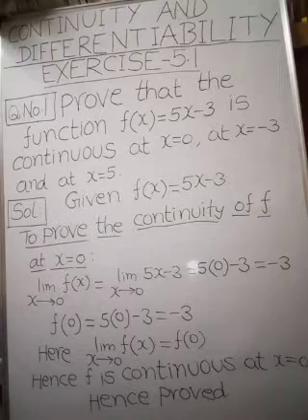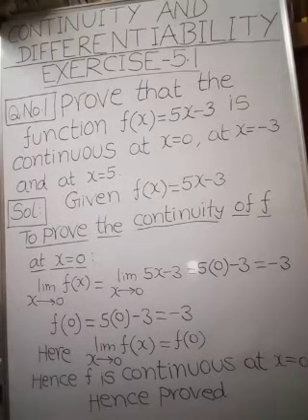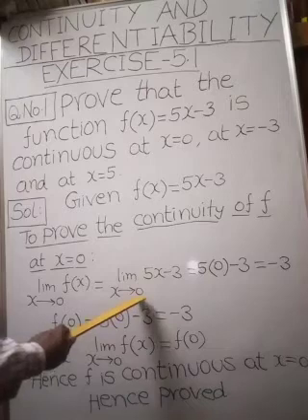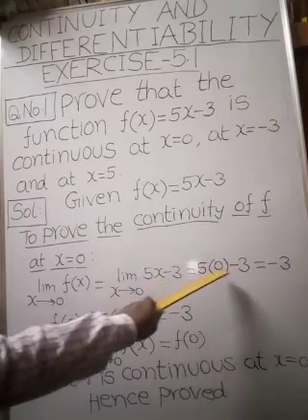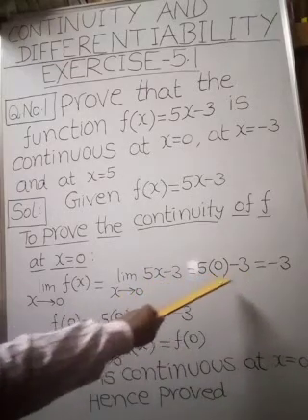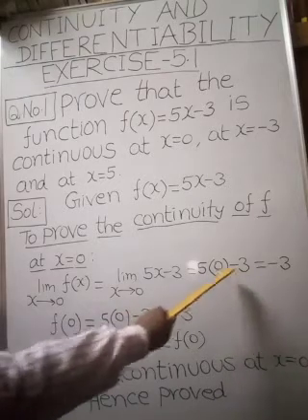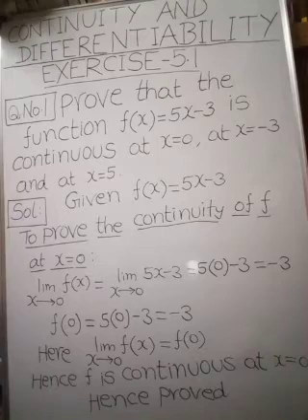You know different methods are there to find the limit of a function. First and foremost method is substitution method. So in the place of x we substitute x is equal to 0. So 5 into 0 minus 3. Understood this step my dear children? Right. Now by simplifying these two terms we get minus 3.